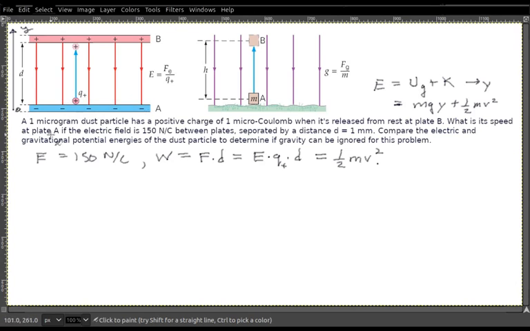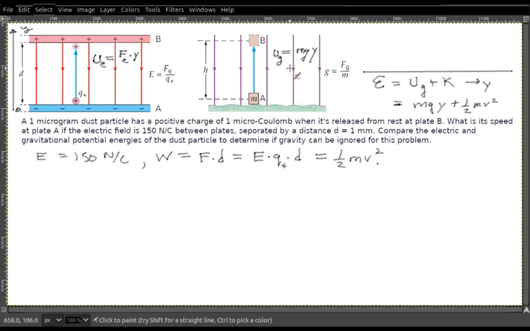So now what about over in this case? For gravity, the gravitational potential anywhere along the way for a mass here, UG, is equal to mgy. mg is the force of gravity times the position y, the distance above the 0.